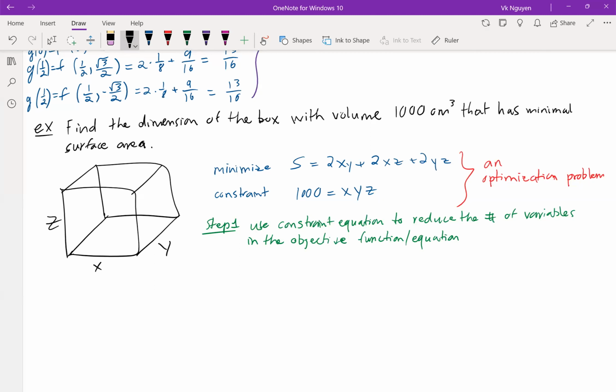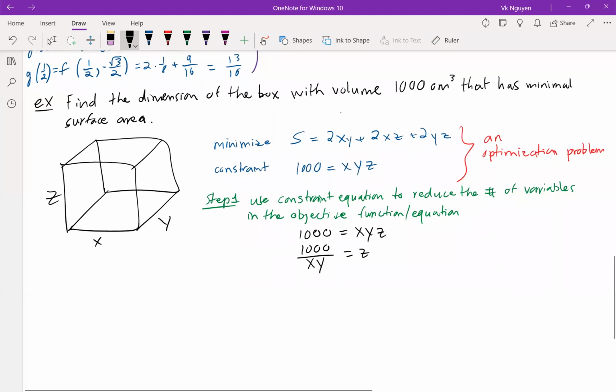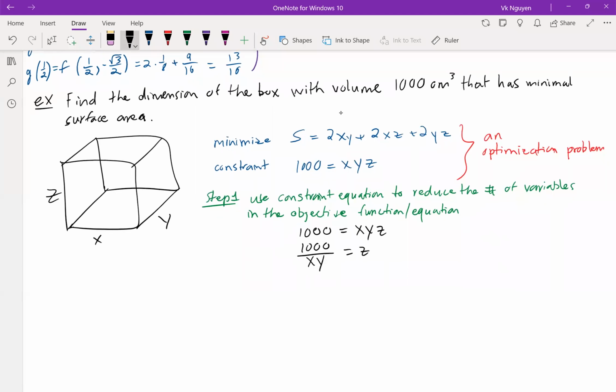You can solve for z here, because usually the surface is in terms of x and y, so it's better to keep it that way. So 1000 is equal to xyz, which means z is 1000 over xy. And then we're going to sub z into the surface area.